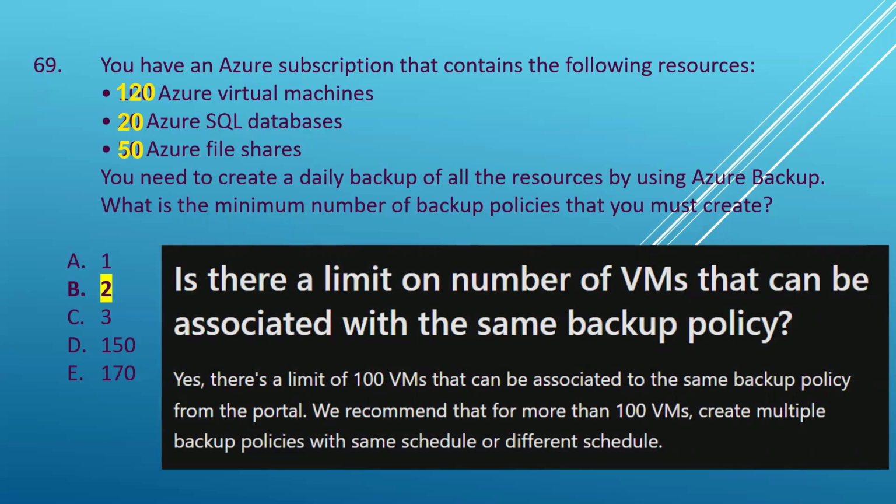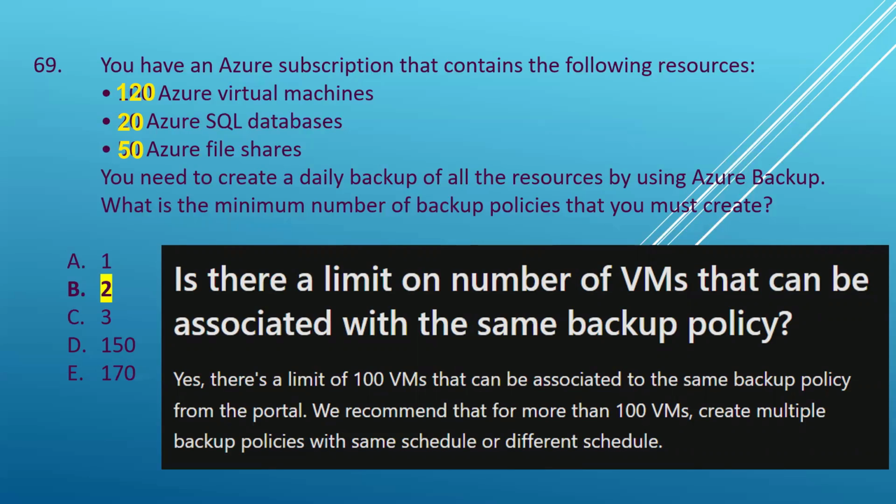As you can see on my screen, with Azure Backup, you can create a single backup policy that can be applied to multiple resources of the same type. However, a single backup policy can have a maximum of 100 virtual machines. So in this case, since you have 120 Azure virtual machines, you will need at least 2 backup policies to accommodate this requirement.